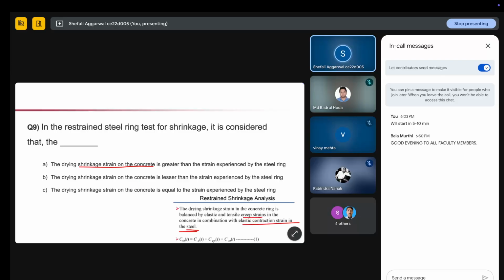So your strain in concrete is equal to steel strain plus your creep strain. That means A will be the correct answer: shrinkage on concrete is greater than strain experienced by steel ring.